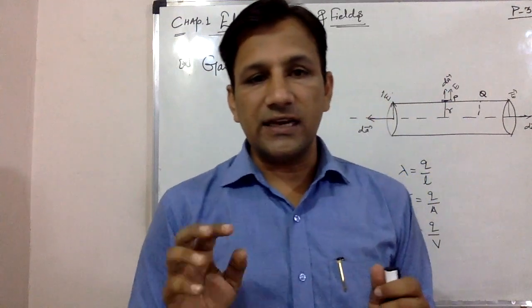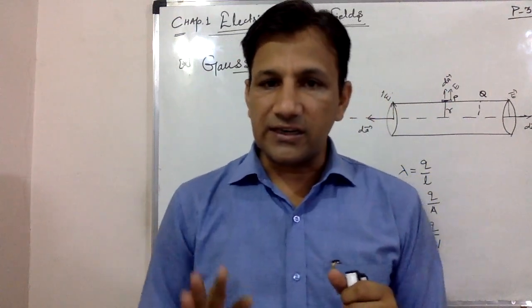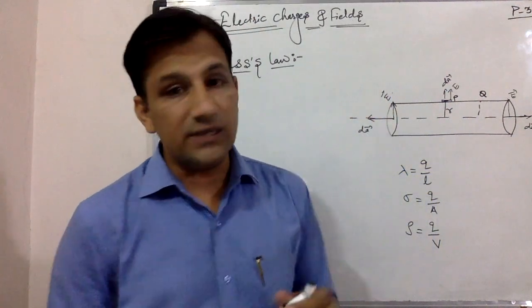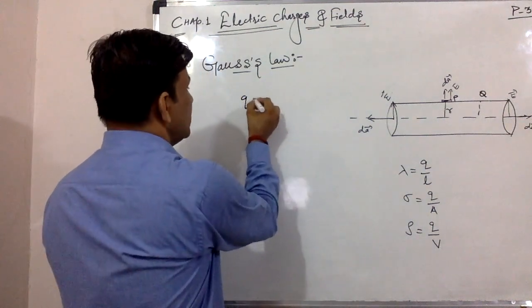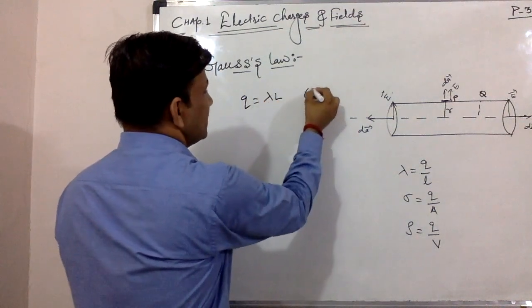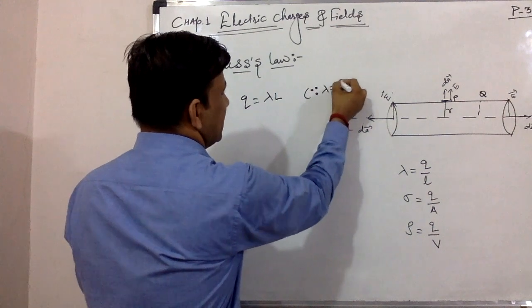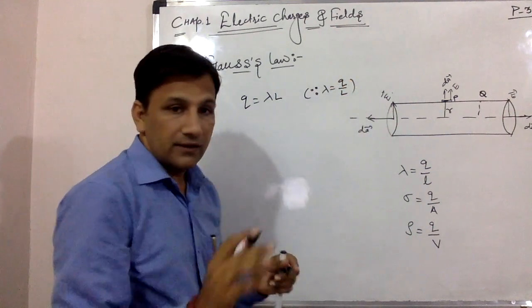The charge enclosed by the cylinder of length L is Q is equal to lambda L, because we know that lambda is equal to Q by L.